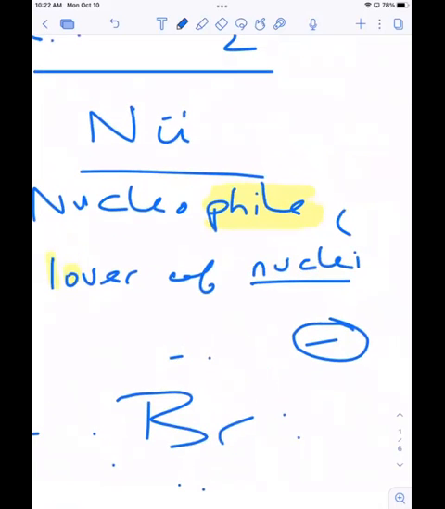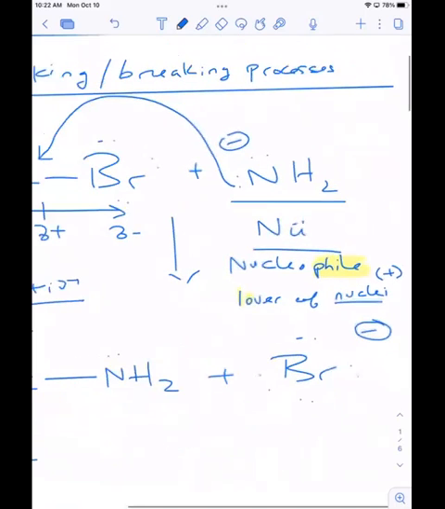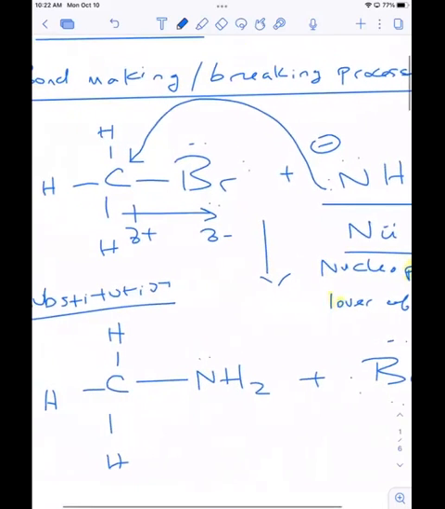Right? And I'm going to put in parentheses here a plus charge. Every nucleus has a plus charge. That's a nucleophile. It's a lover of nuclei. It's looking for something positive to react with. Over here, the carbon is the most partially positive out of all the atoms. Hydrogen can't make more than one bond, so those are out.